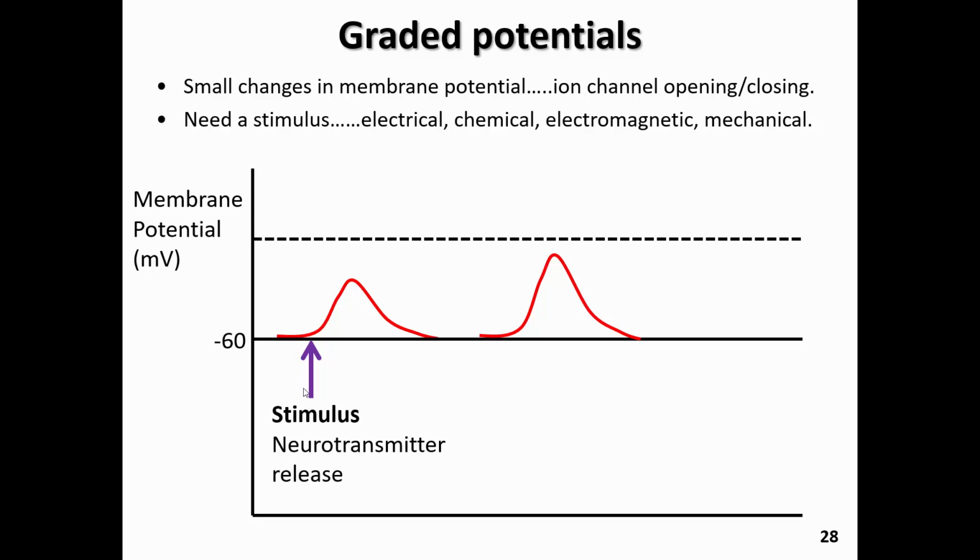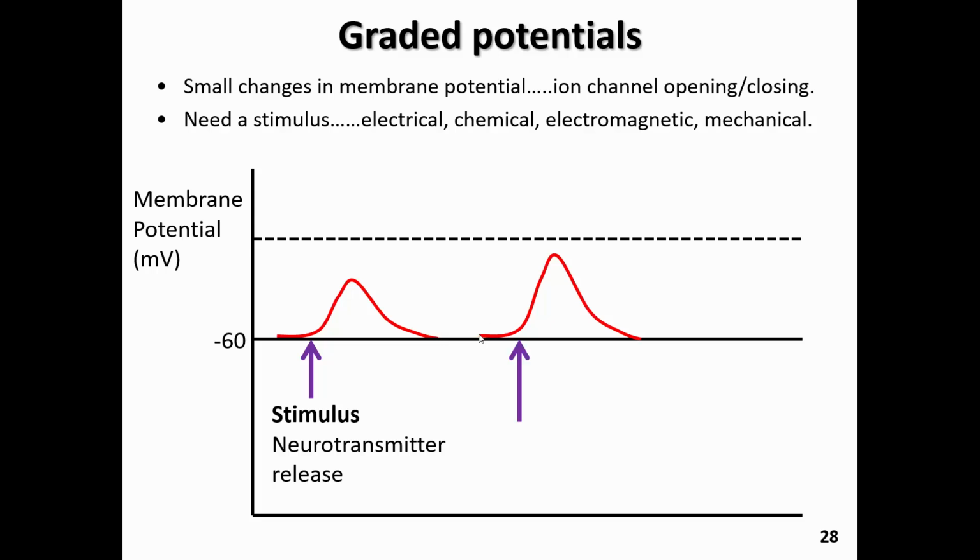What we see here is the neurotransmitter is causing the resting membrane potential to move in the positive direction. So this is negative 60 resting, and this might change to negative 59, negative 58, negative 57, and so forth. And then it peaks, and then it comes back down to the baseline.